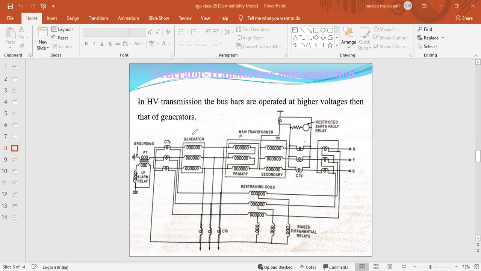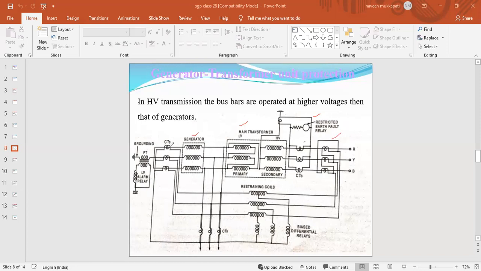This is the protected generator and this is the protected transformer. The generator and the transformer are connected together, and the secondary of this transformer is connected to this restricted earth fault relay. This is the restricted earth fault protection for the transformer, and this is the differential type of protection. These are the CTs.